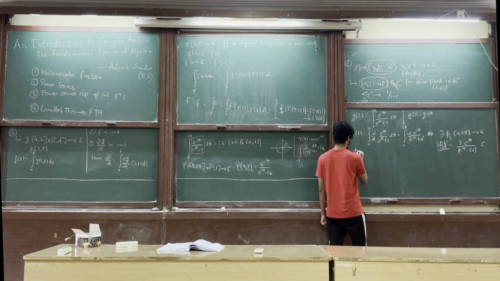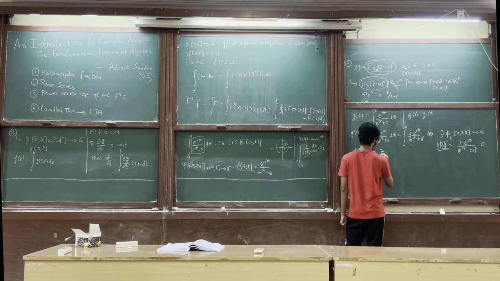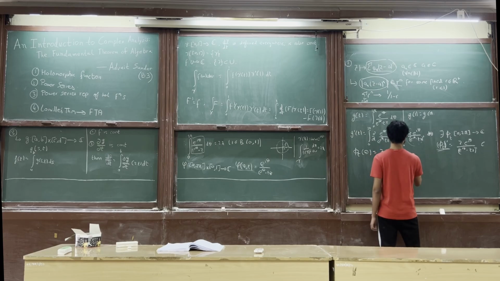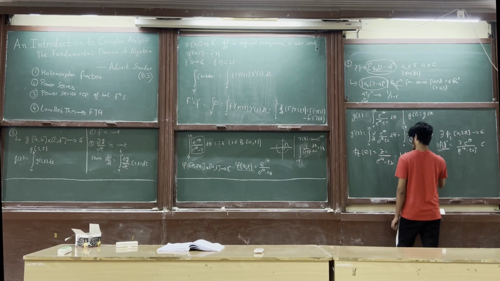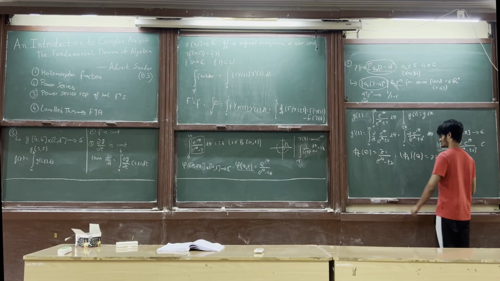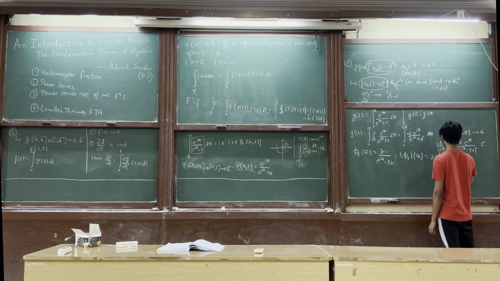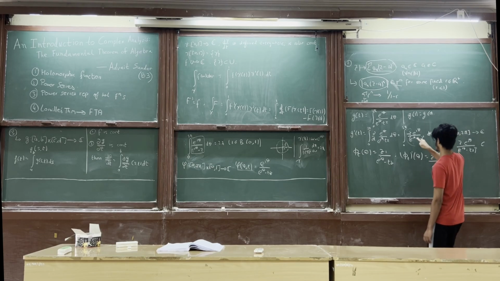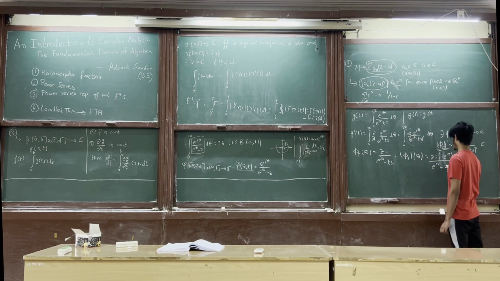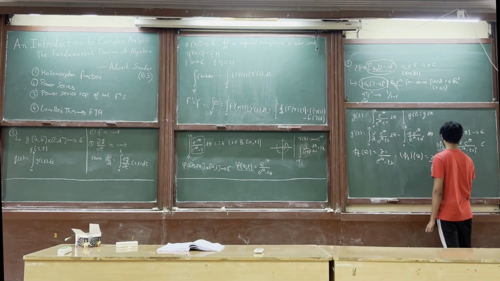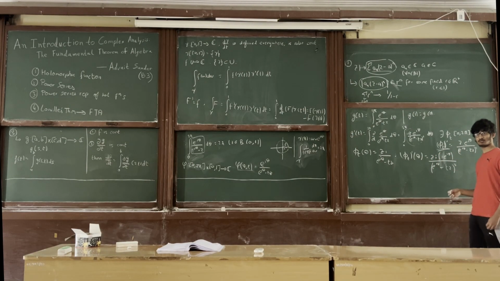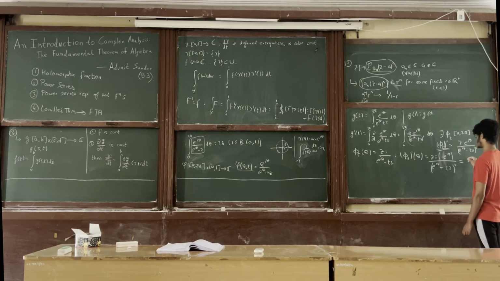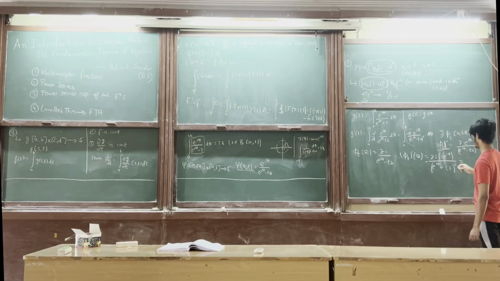So yeah, we choose phi t of theta as z over e power i theta minus tz. So what is phi t prime of theta?